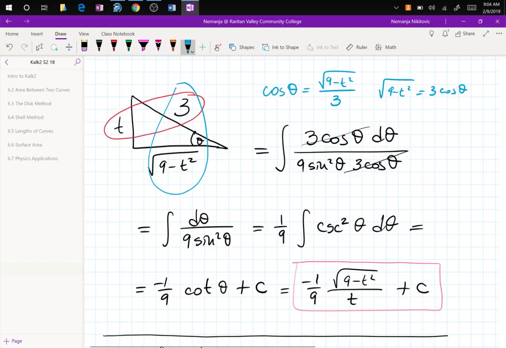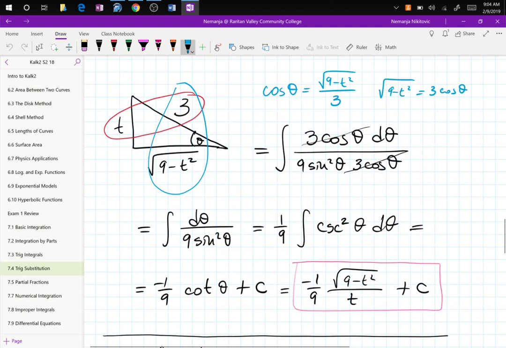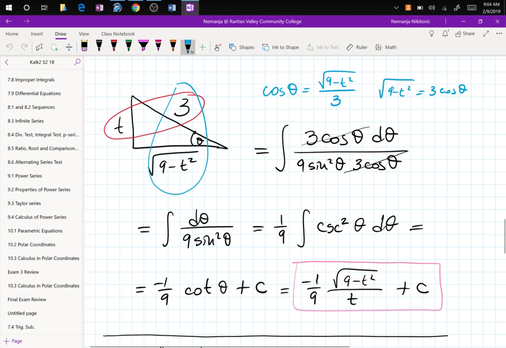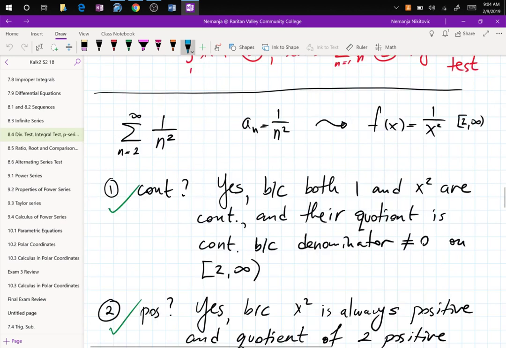Calc 2, there we go. Integral test. Look at that. To solve a calculus 2 problem, you have to show that the function 1 over x squared is continuous.